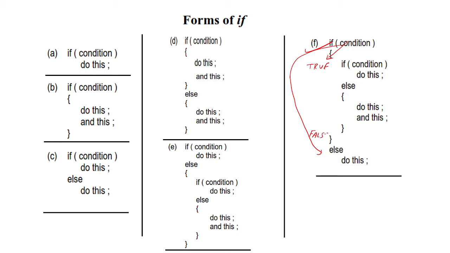And again, in the true statement, it will have a new if here, and it checks the new condition, and if this condition is true, it will do this work. And if this condition is false, it will come here and do this work, and after that it will come out.